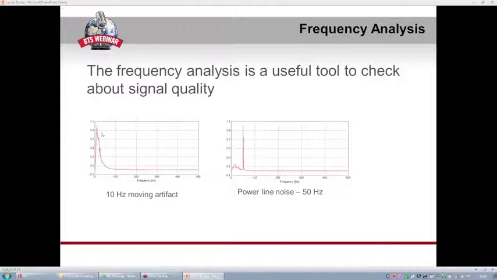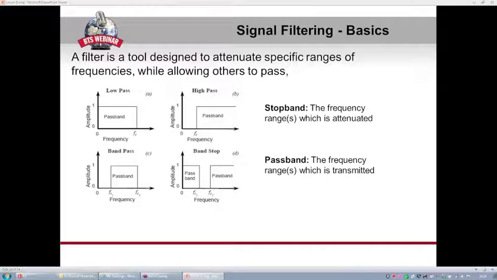You can see that the spectrum is shifted to the low frequency. While on the second image, you have a typical spectrum containing a very huge power line noise at 50 Hz. Those undesired noises can be eliminated or reduced by means of a specific tool called a filter.